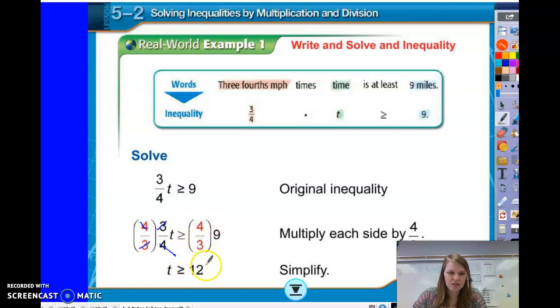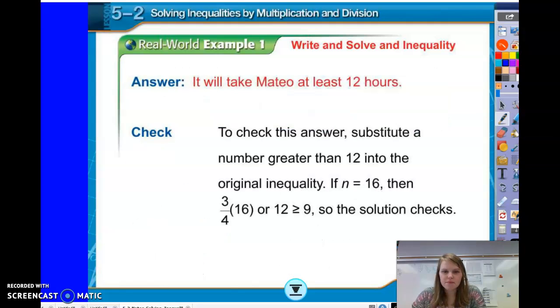When they plug that into the calculator, they get 12, which you could probably do in your head: 4 times 9 is 36, divided by 3, or you can simplify to 4 times 3 is 12. So it will take him at least 12 hours to get there.